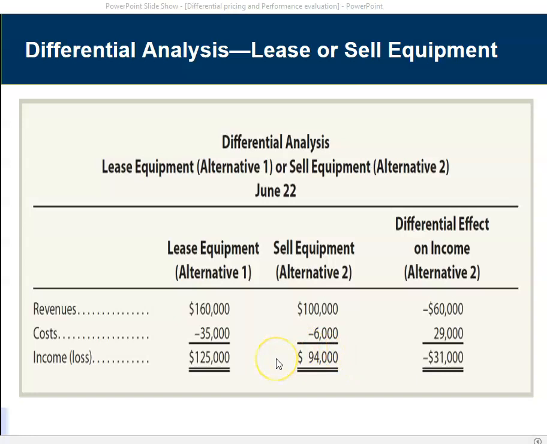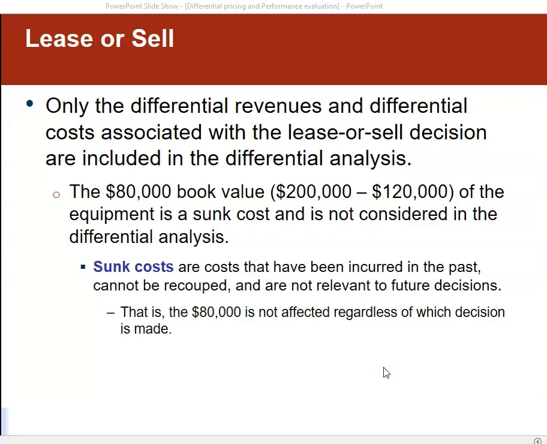So we would have to consider, okay, if we were to take this 94,000 up front and invest it for 5 years and earn interest on it, how much would we have at the end of 5 years? If it was a conservative investment, would we have 125,000? Probably not. But I just want you to understand that this is not quite as cut and dry as it appears on the screen. Okay.